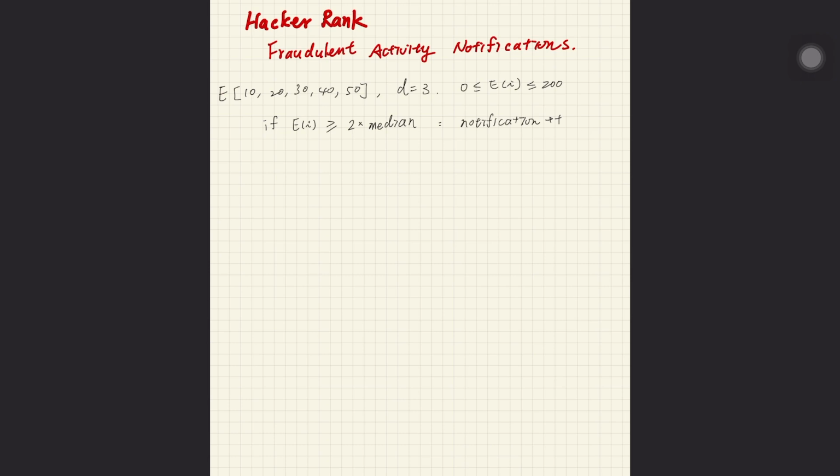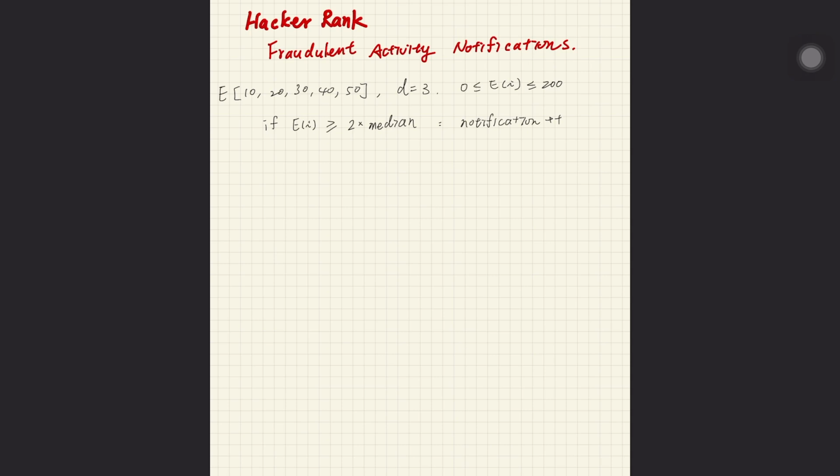Another hint is that E of I lies from 0 to 200, so every element in this list is between 0 and 200. This is a fixed size.